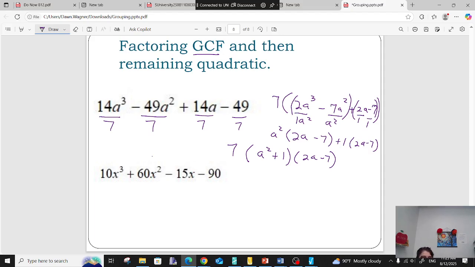Let's try another one. What's the greatest common factor of these 4 terms? So I'm dividing everything across the board by 5. So if I'm dividing everything by 5, yes.